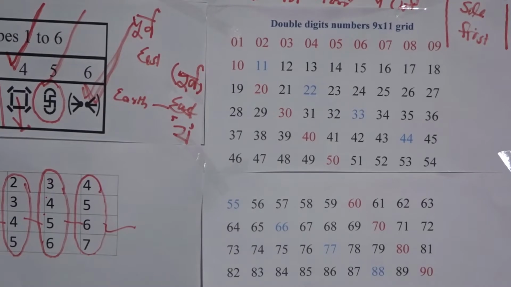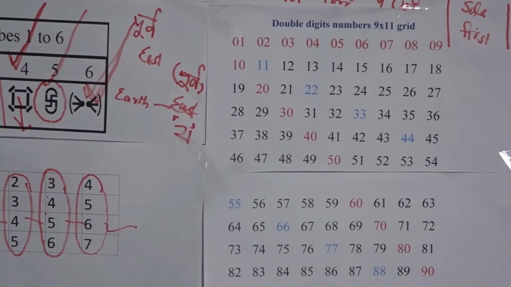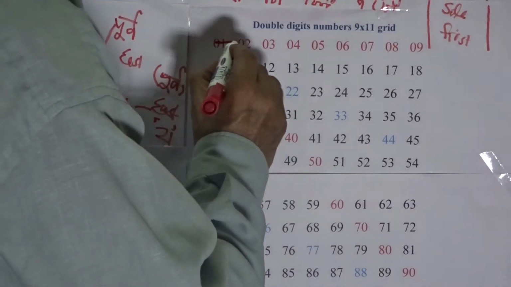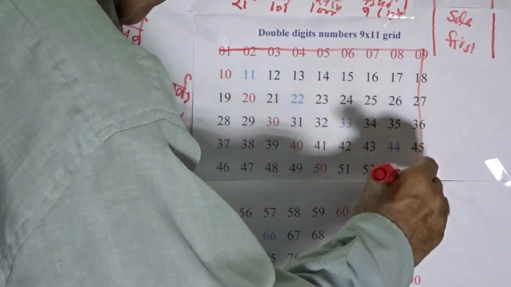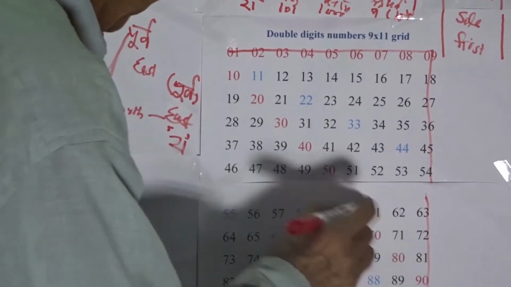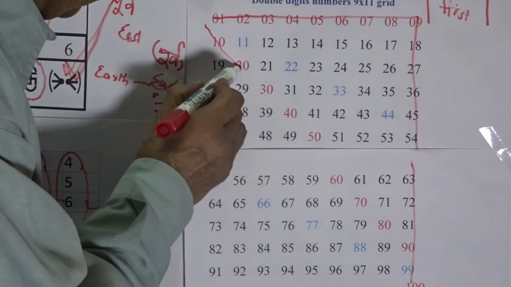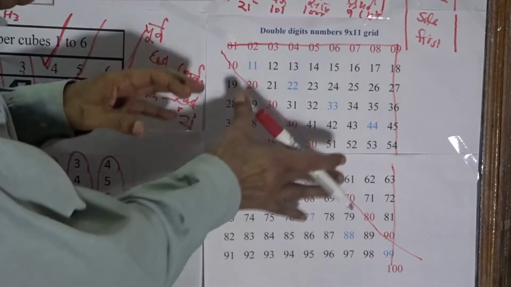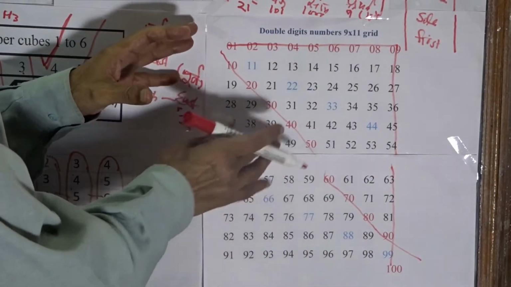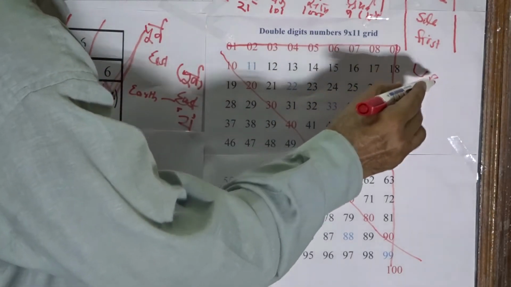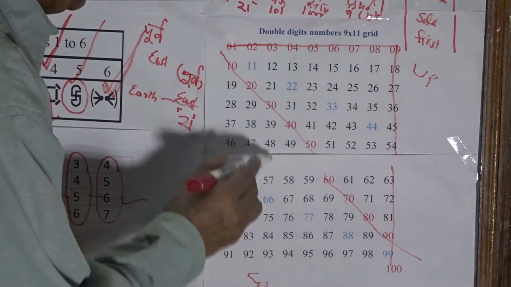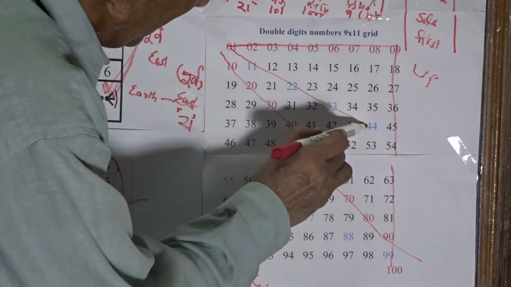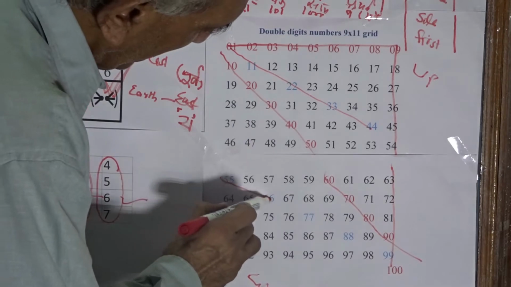This is another reach of the working rule of Ganita Sutra 1, taking us to the grid of 9 into 11, and this grid will provide us a mirror line. This mirror line will split this organization of numbers into an upper part and a lower part, and we'll see that the upper part also has a mirror line and the lower part also has a mirror line.